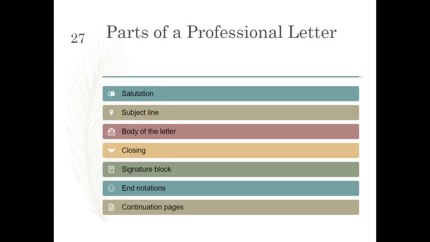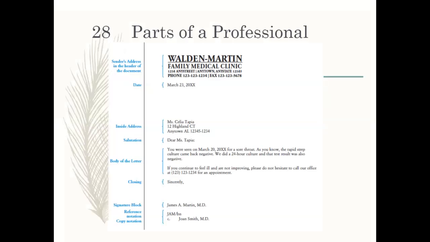Parts of a professional letter: the salutation, the subject line, body of the letter, closing, signature block, end notation, and continuation pages. So here is parts of a professional letter if you were actually looking at one.